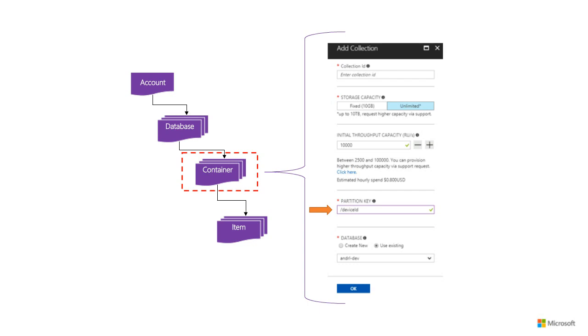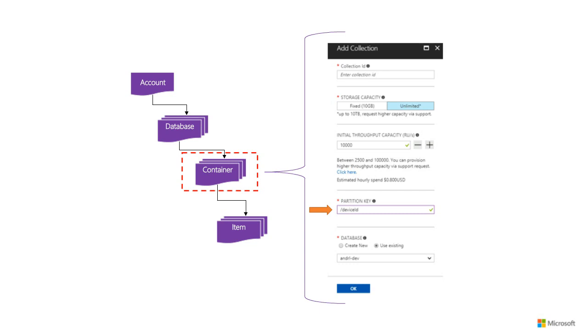This is the top-level design decision you're going to make when you create a Cosmos DB collection, and it is going to have huge ramifications for the success of your project moving forward. Basically, this is how we're going to both distribute your data onto underlying storage partitions, as well as how we route those requests efficiently.